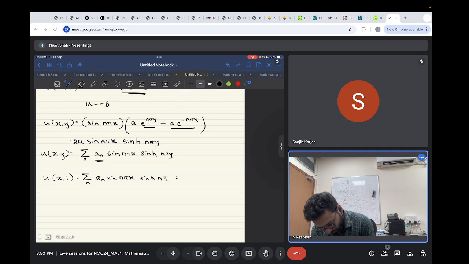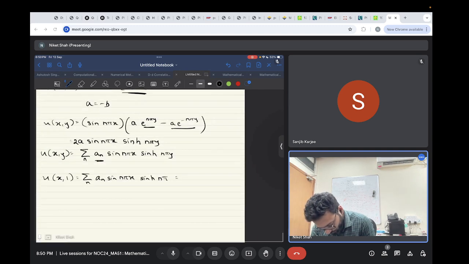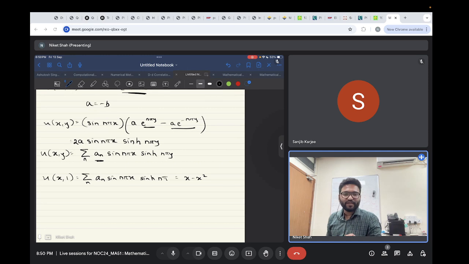This is equal to what? x minus x squared. So this is the whole reason why we wrote it as a Fourier sine series, because the right hand side is a function like x minus x squared. That cannot be interpolated by just one sine function or one sinh function. It has to be interpolated by this whole linear combination.